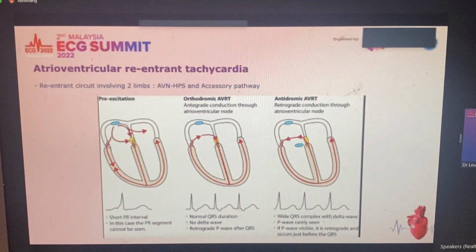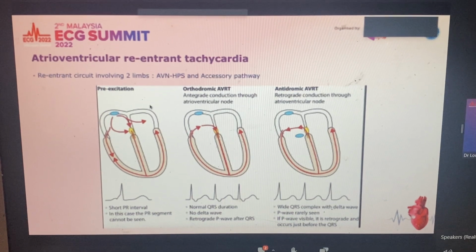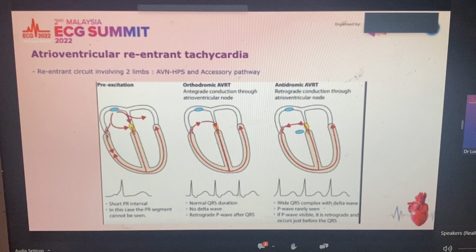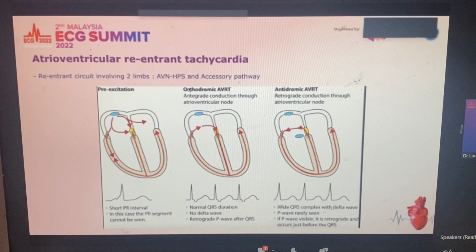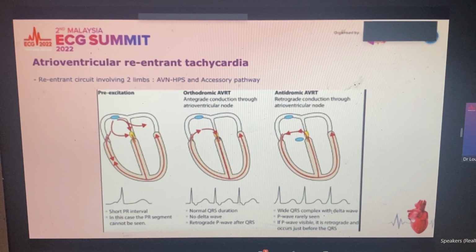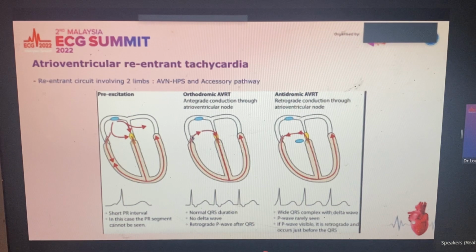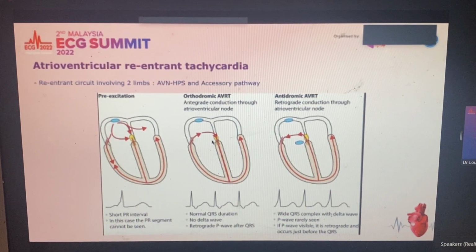So a bit of theory here. AVRT generally involves two circuits: one is the AV node and the other is the accessory pathway. We call the tachycardia orthodromic when it utilizes the AV node as the antegrade pathway and the accessory pathway as the retrograde, sort of in a clockwise fashion, depending on whether the pathway is left-sided or right-sided.